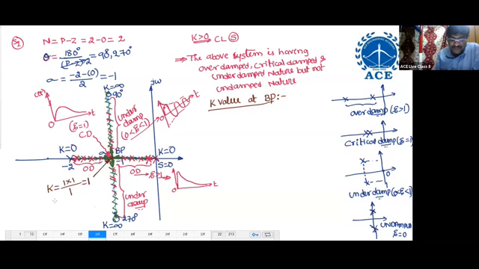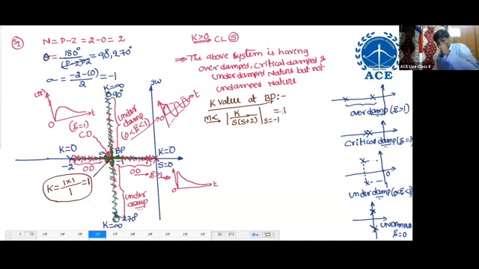This is by using product of lengths. The magnitude condition also gives the same. The magnitude condition: magnitude of K by S into S plus 2 at S equal to -1, the breakpoint, equals 1. Substitute S equal to -1: K by -1 into -1 plus 2 equals 1.